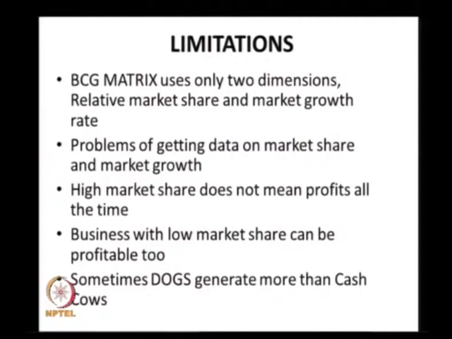And also businesses with low market share can be profitable as well. And sometimes even the dogs generate more than cash cows, because liquidation can even generate more cash than the cash cows themselves. So, there are some limitations to this BCG matrix that we should be cognizant of before we use it, and being aware of these limitations, we still can use the BCG matrix.